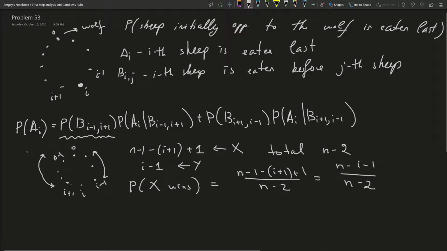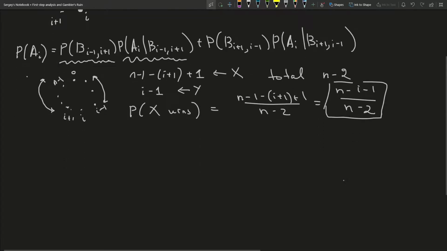And so according to the Gambler's Ruin formula, the probability that x wins is given by this result here. So now let's continue. Let's look at this term here. The probability that the ith sheep gets eaten last, given that the I minus first sheep was eaten before the I plus first sheep.